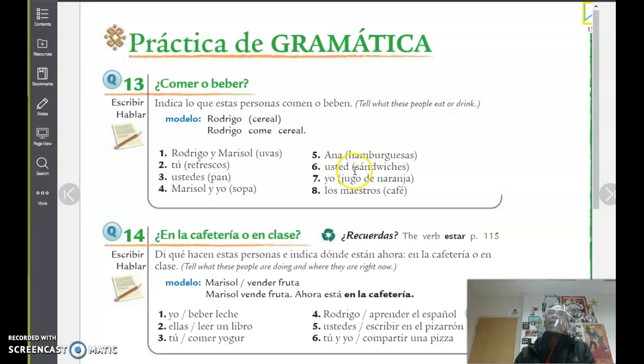Usted come sándwiches. Yo bebo, because it's juice, right? Yo bebo jugo de naranja. Y los maestros beben café. So the subject determines which ending you go with.